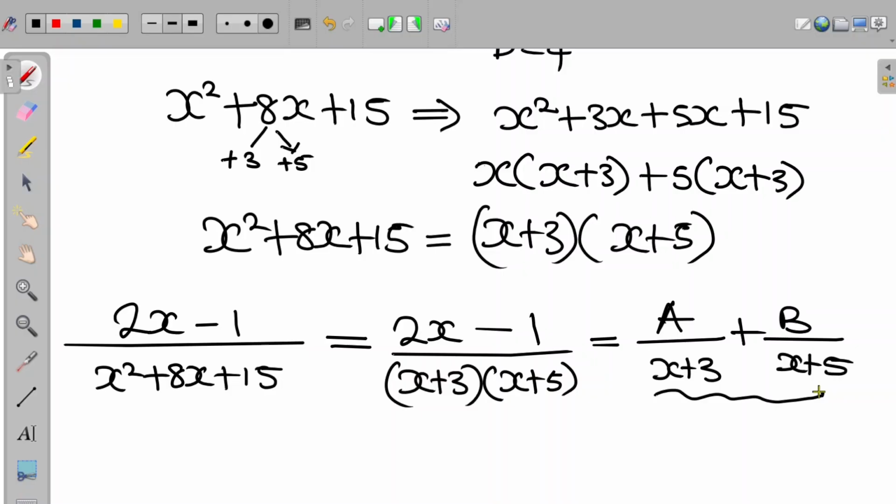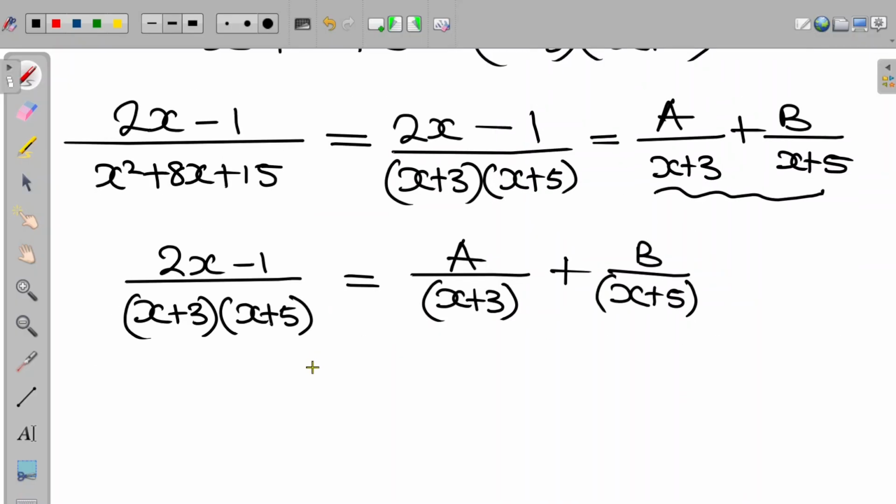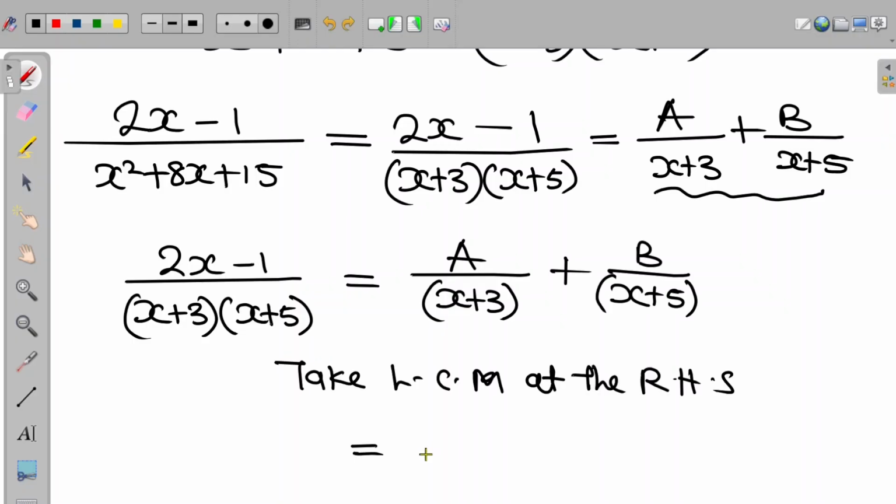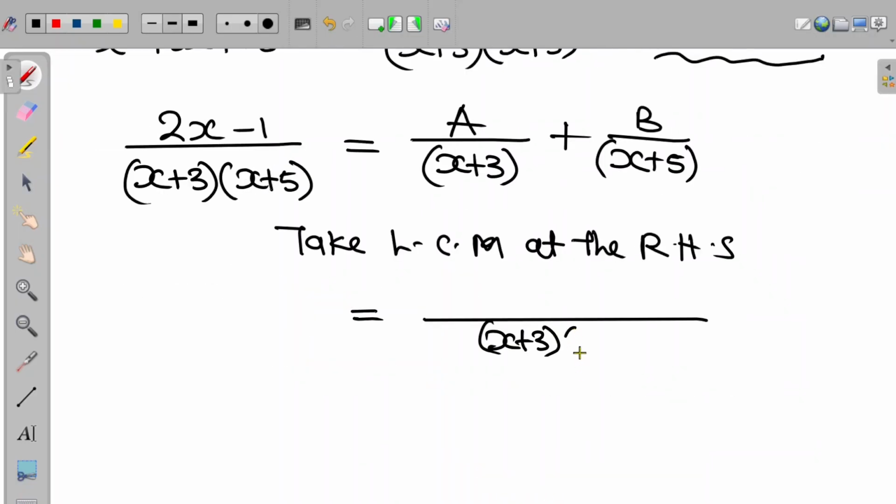Now, let's obtain the values of A and B. The first step is to take the LCM of the right-hand side. So the LCM becomes x plus 3 multiplied by x plus 5.